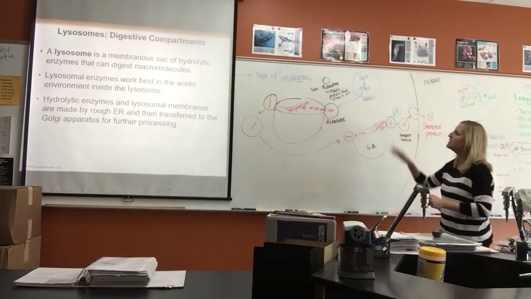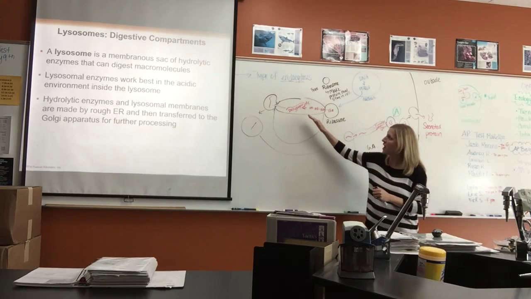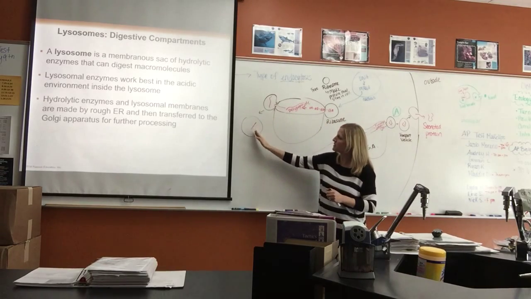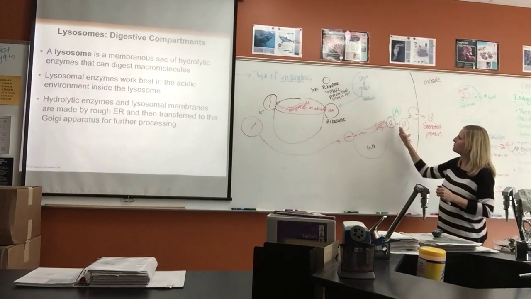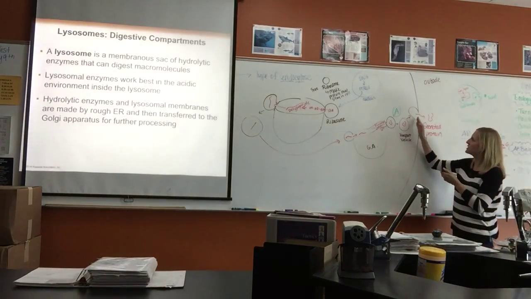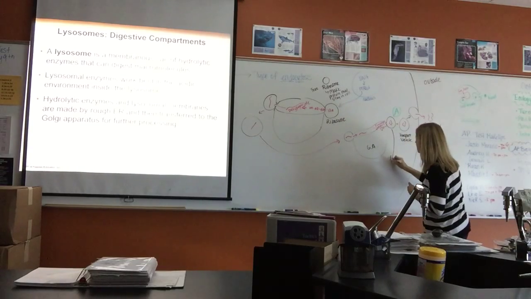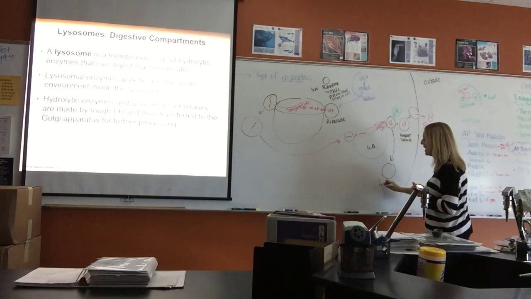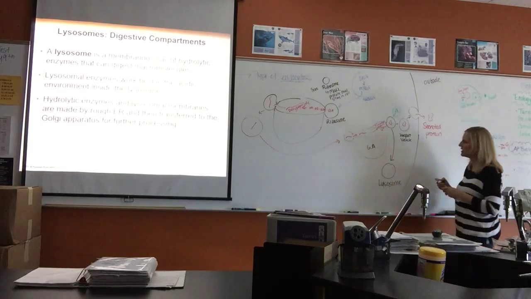So let's say that this polypeptide chain that's made here in the rough ER goes into the transport vesicle, comes over here to the Golgi, gets processed, and buds off. Sometimes what buds off doesn't go to the cell membrane and secrete its protein. What it does is stay inside the cell, and it becomes an organelle of the cell called a lysosome.